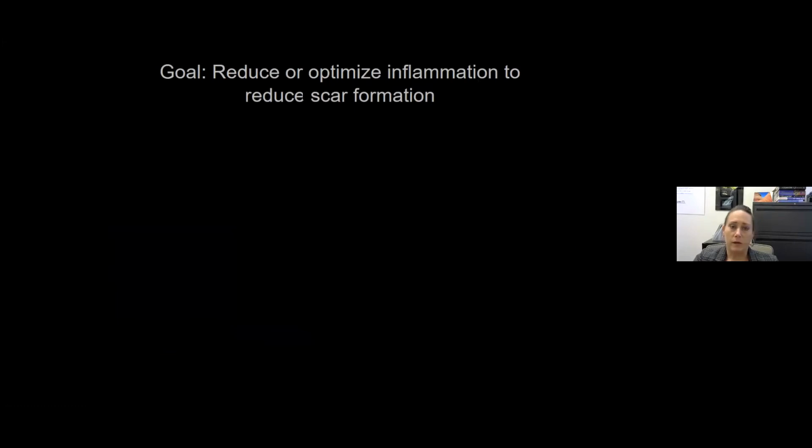So completely eliminating inflammation isn't necessarily a great option, but we can reduce inflammation or perhaps optimize the inflammatory response. Try to target very specific inflammatory cell types, for example, to try to reduce scar formation.